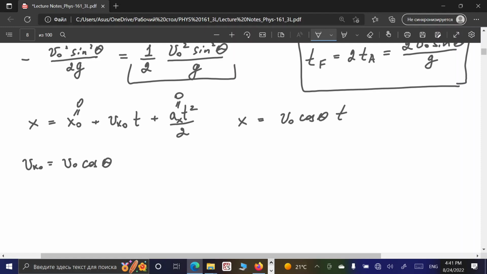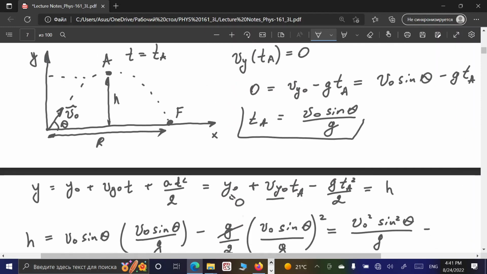That is the form of the kinematic equation for this projectile along axis x. Now if we want to know the maximum range for the x direction, we need to consider time tf, the time when our projectile reaches the final point of the trajectory.